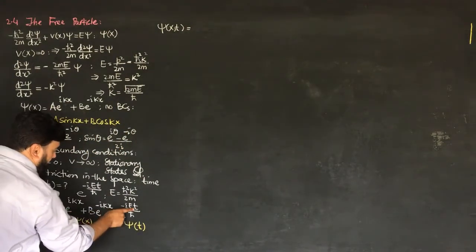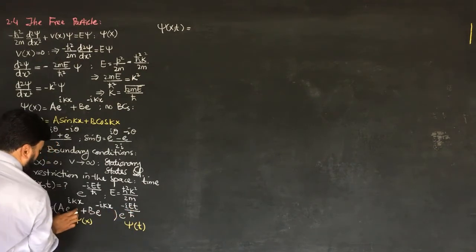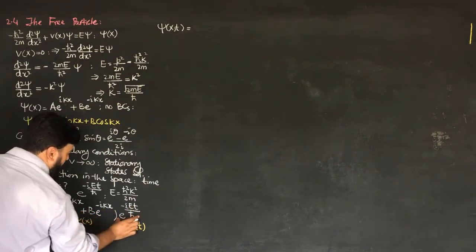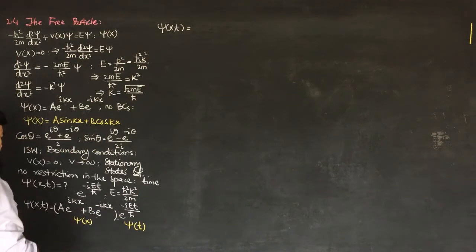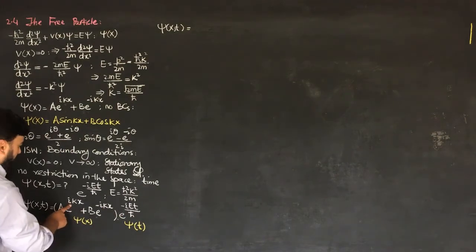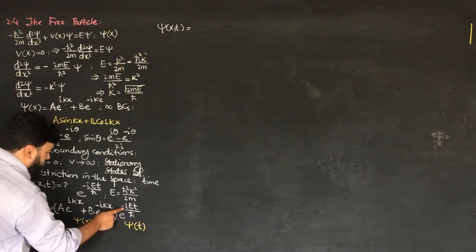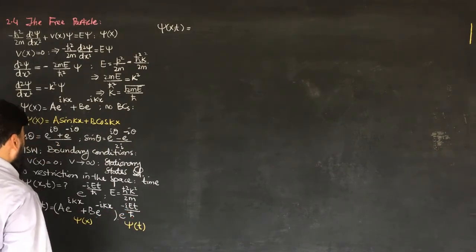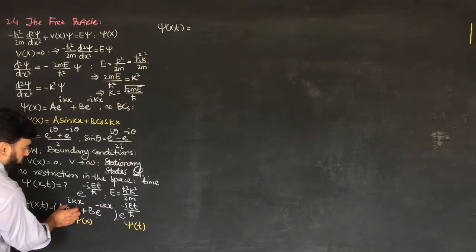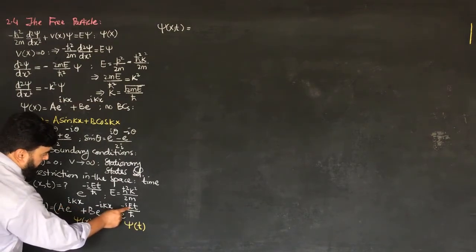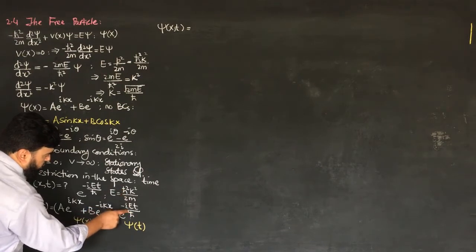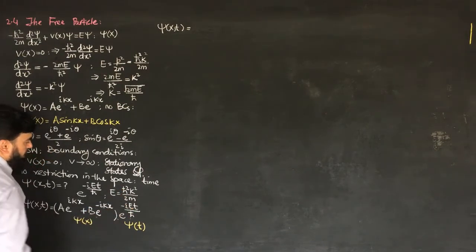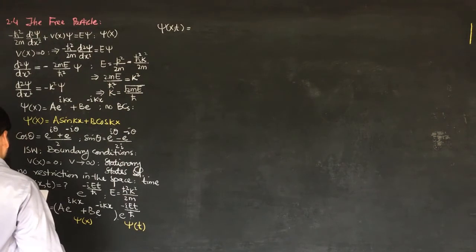A e^(ikx). This will be multiplied with this, and it will give us ikx minus iEt over h bar. Let me take ik common from here. So h bar squared cancels with one, so h bar k squared, and ik is taken as common.